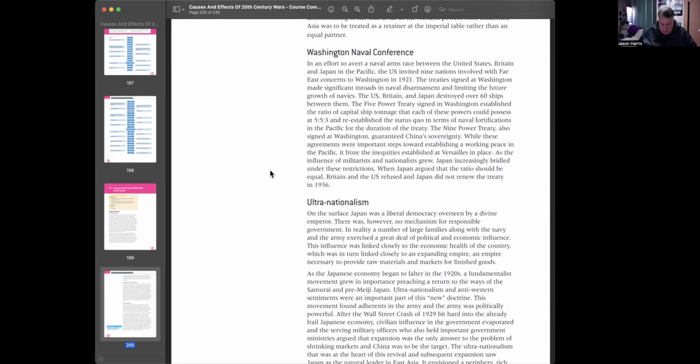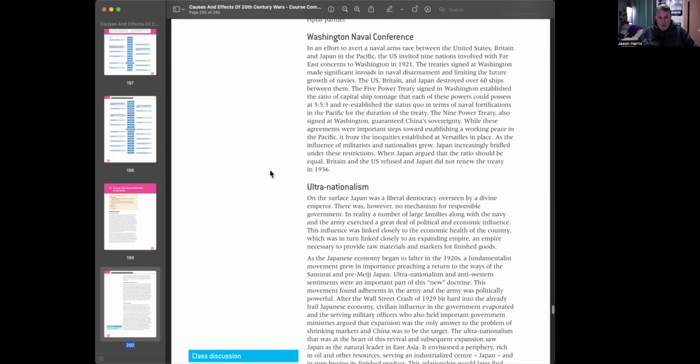While these agreements were important steps toward establishing a working peace in the Pacific, they froze the inequalities established at Versailles in place. Some of the inequalities, like when they wouldn't allow the racial equality clause, are now even more in place. Two years later, let's say 1919 is the Treaty of Versailles, this is 1921, and it doesn't make the Japanese happy.